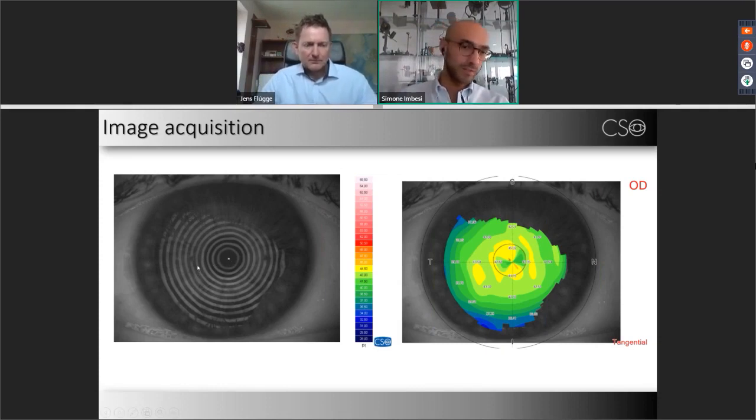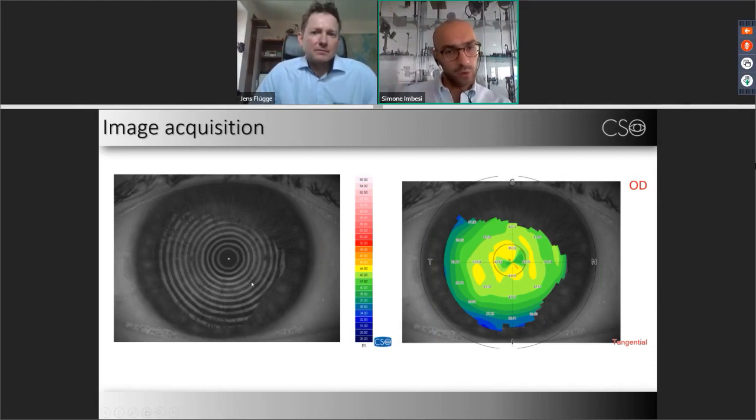First of all, as you can see from this keratoscopy, the quality of this tear film is really poor. I want to focus your attention on the central part. So this ring, affected by the reflection, is affected by low quality of tear film.